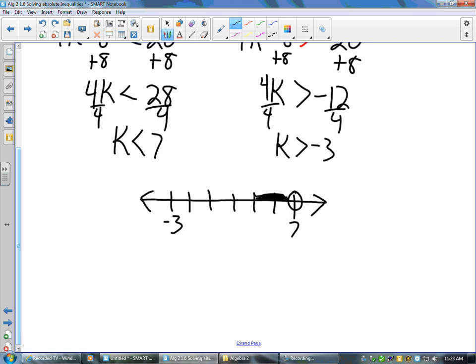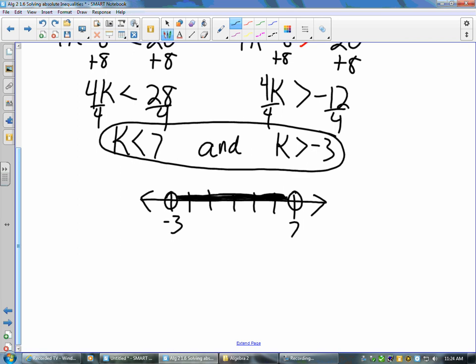We'll have k is greater than -3, open circle at -3, and shading bigger numbers. And where these two meet, there's our graph. Being that they meet in between, we can also say that this is going to be an AND statement. And that's our final answer.